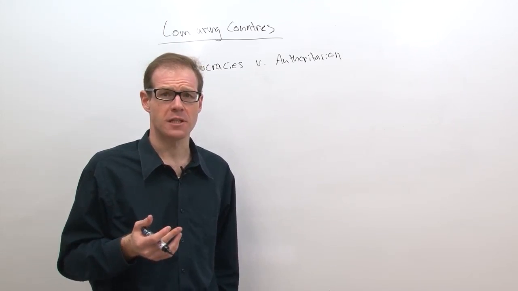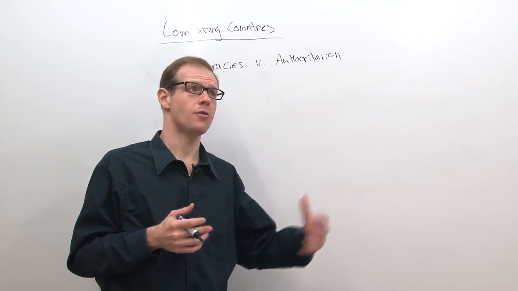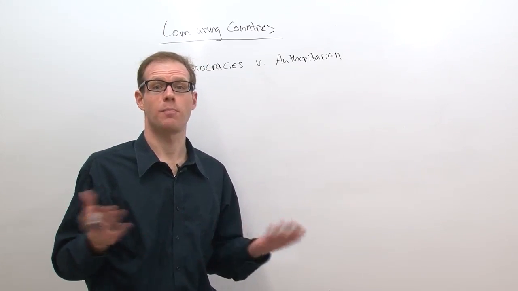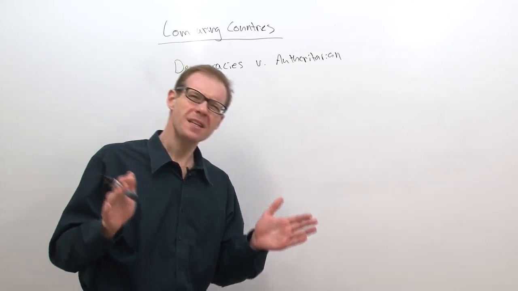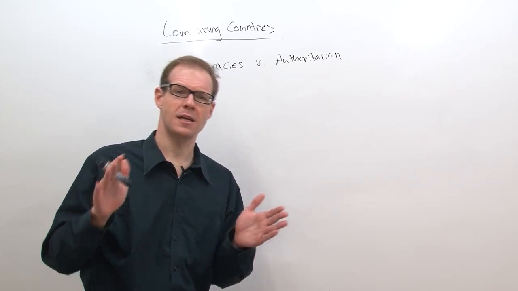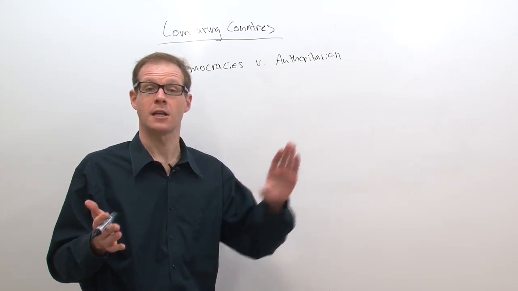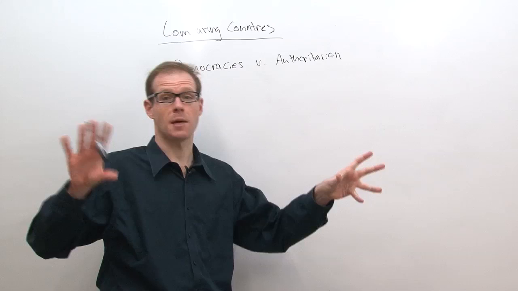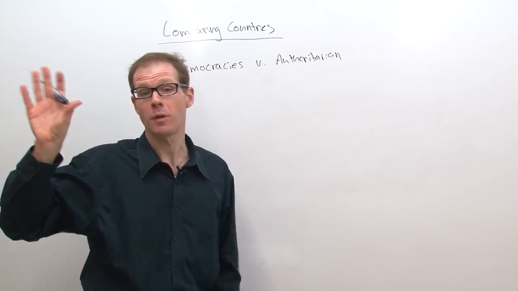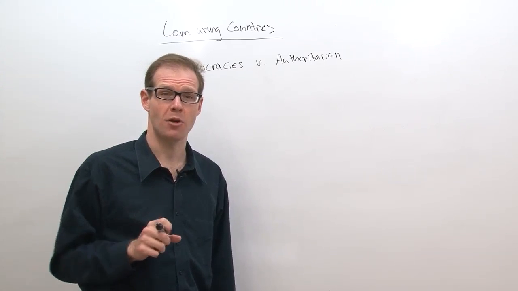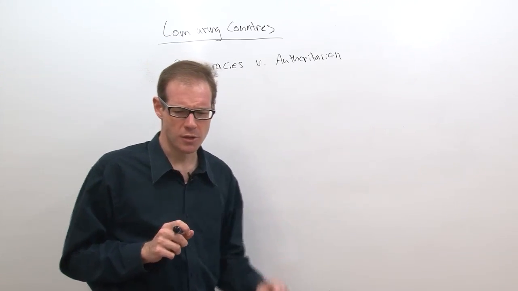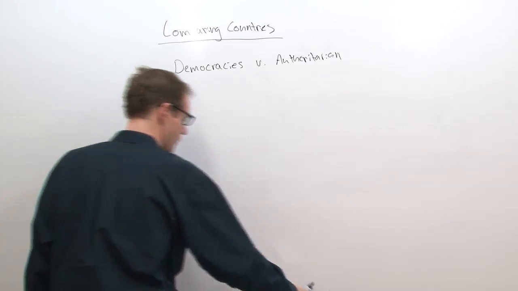For example, we could say the United States is a democracy, and the Islamic Republic of Iran is an authoritarian state. But this model isn't too accurate either, because it goes back and forth. It's fluid. Some countries are more democratic, some countries are more authoritarian, but even those countries which are somewhat authoritarian might have democratic tendencies. So we're not going to use this model too much either.